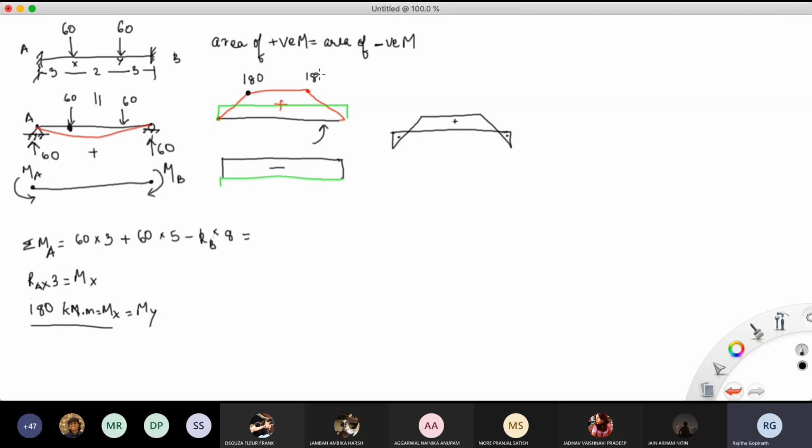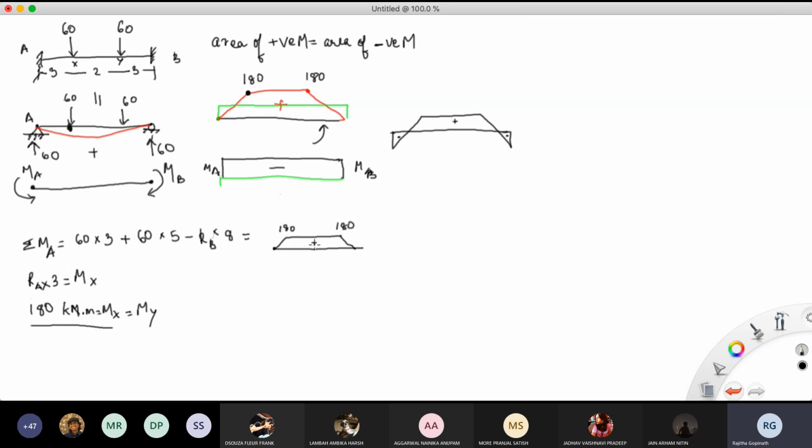So this is also 180. Okay. Now the interesting thing now to find is what is MA here, or let's say this, let's write MB and this is MA. Okay. Now this one, this is 180 and this is 180.